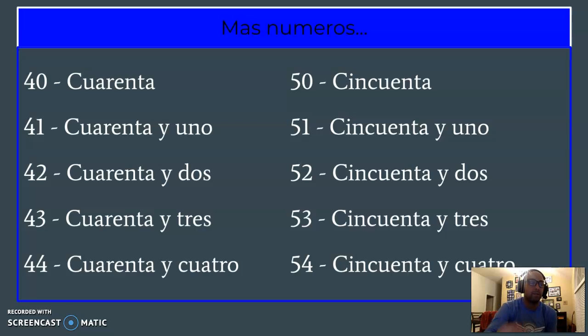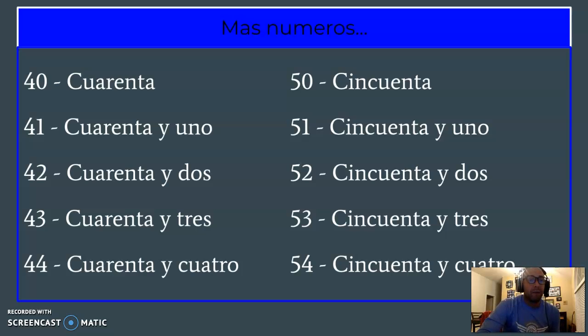So when we tell time, we only have to get through 59, all right? So the numbers you absolutely have to know are 1 through 15, and then 20, 30, 40, 50, because all of the rest of them are just pieces that you've already learned when you learn 1 through 10. All right?